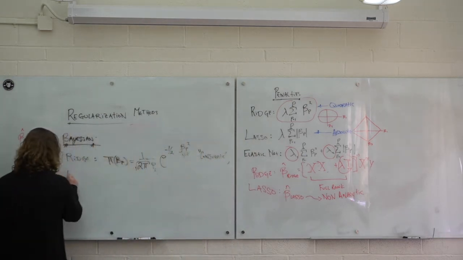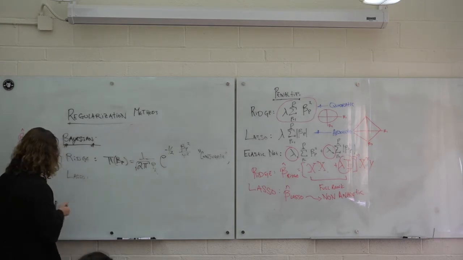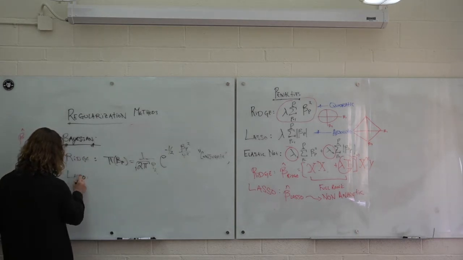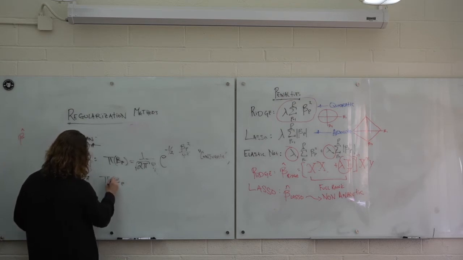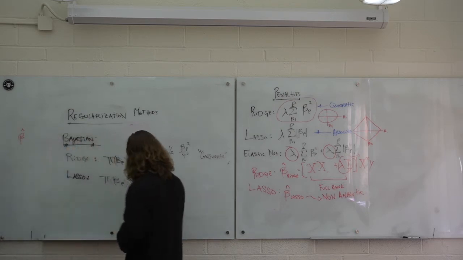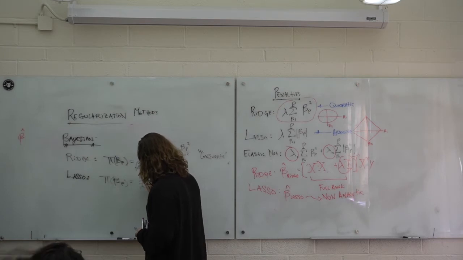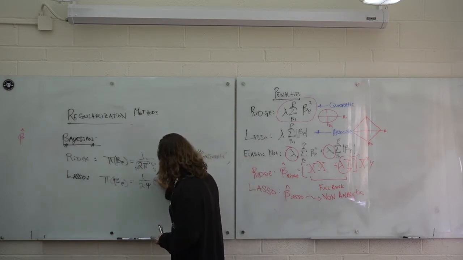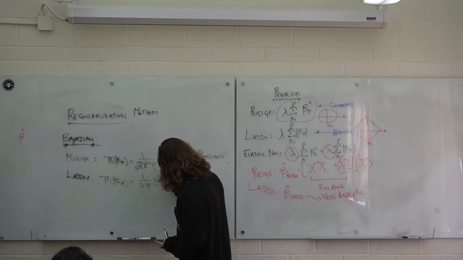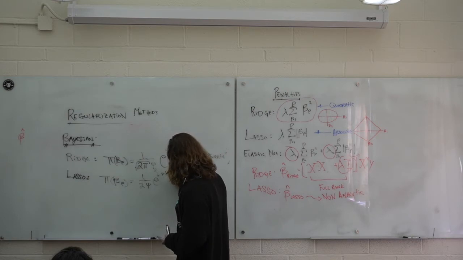For Lasso, the prior that we're playing around with is going to be 1 over 2, I'll use the parameter psi again, e to the minus psi absolute value beta p.